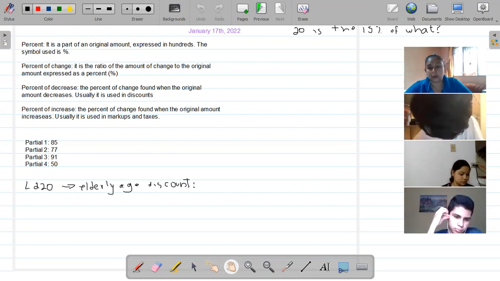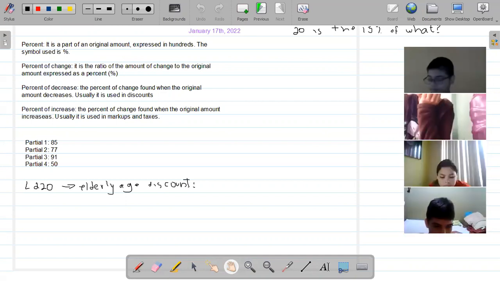Also, when some stores decide to place new prices, what they do is to add a percent of increase to the original price. So that is the percent of increase. And those are the 4 definitions that we need today.